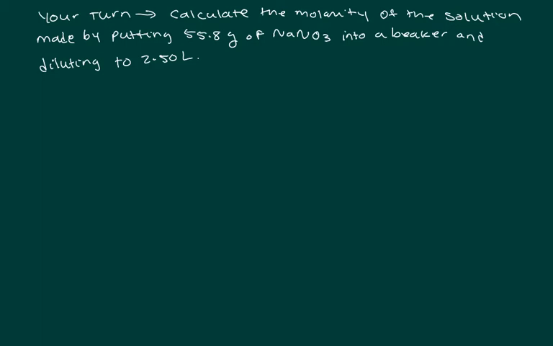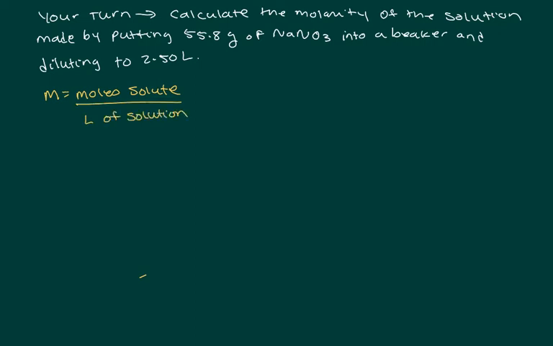Let's calculate the molarity of the solution made by putting 55.8 grams of sodium nitrate into a beaker and diluting to 2.5 liters. Okay, so remember what molarity is. The definition of molarity is moles of solute over liter of solution.